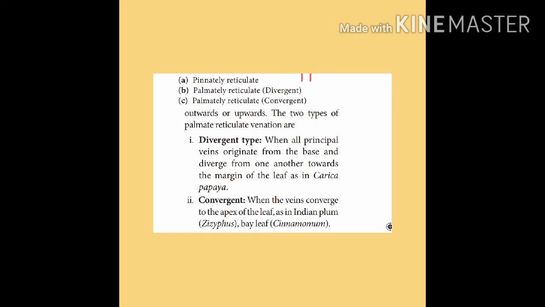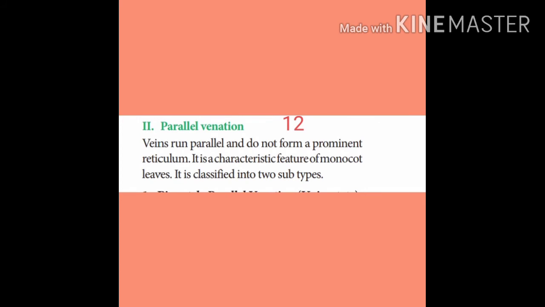and convergent type. Parallel venation is another type of venation where the veins run parallel to each other. There is no network-like appearance of the veins. The prominent midrib is seen in the center, and the other veins run parallel to each other. For example, in this banana leaf, the midrib will be there and all the other veins are parallel to each other.